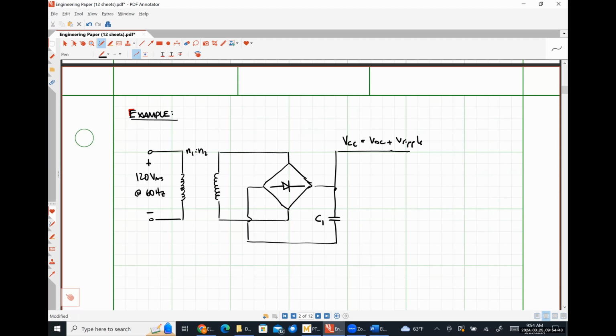And then over here, we'll have a simple common emitter amplifier. So let's call this for now RC1, Vout1. Here's transistor Q1.